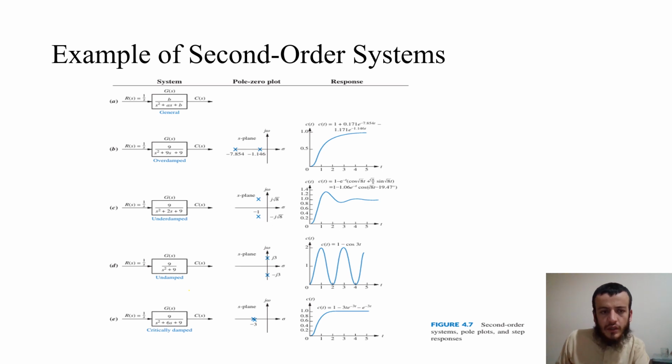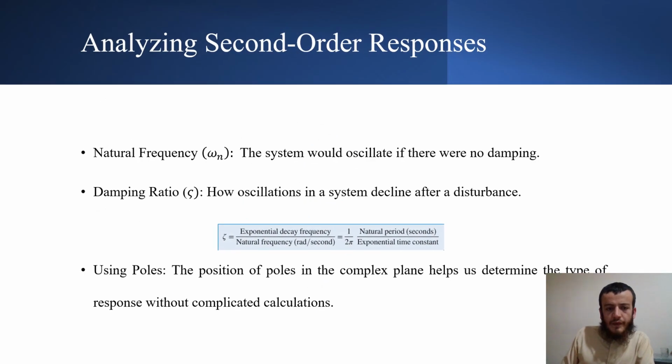The next one. We have some parameters, the natural frequency, shown by omega. What is that? Actually, it is the frequency at which the system will oscillate if there is no damping.